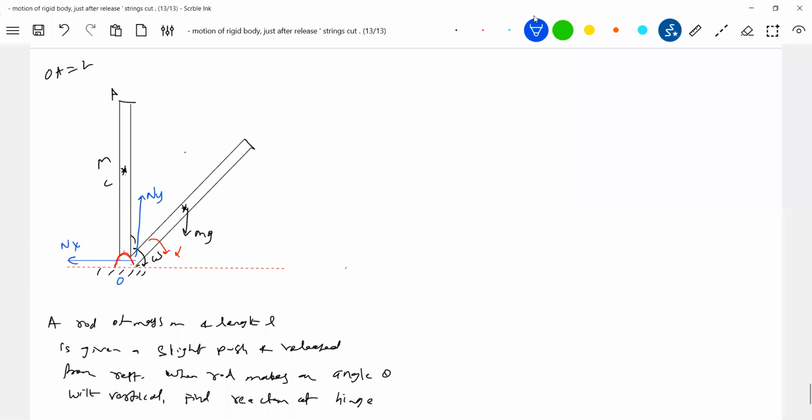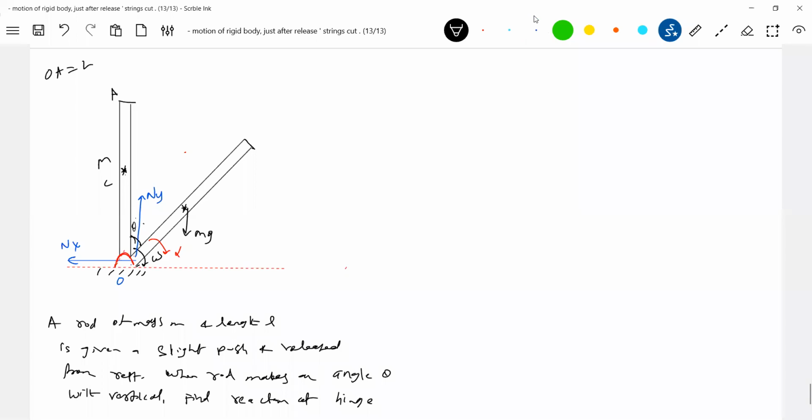Okay, let's write all the equations. What is the angular velocity? When it descends through an angle theta, the decrease in potential energy of the rod should be equal to the gain in kinetic energy. Let me assume one particle also, so that things will be a bit more difficult for you.